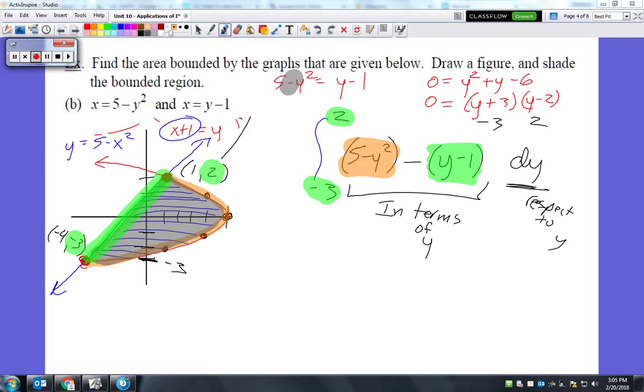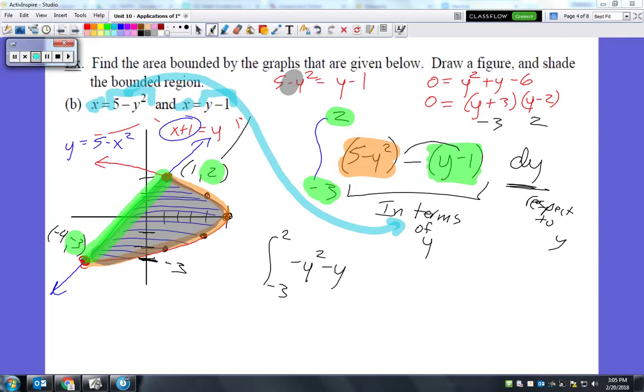So when you get x all by itself, you get all this stuff in terms of y. And then you could just simplify it out and integrate by hand, just like normal. So that would be from negative 3 to 2, negative y squared minus y plus 1, so it's going to be plus 6 dy, and then integrate like normal.